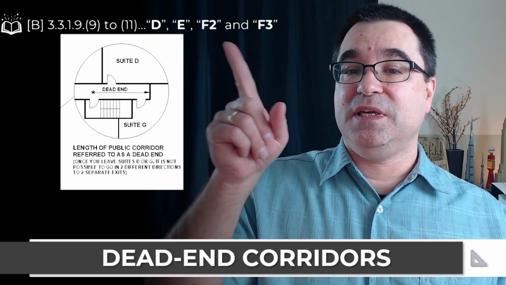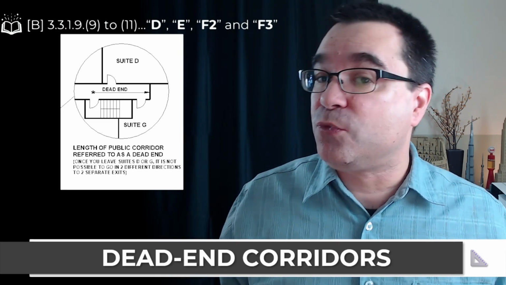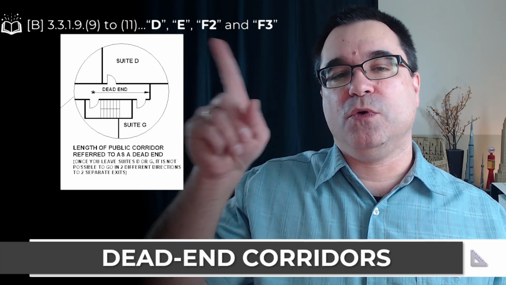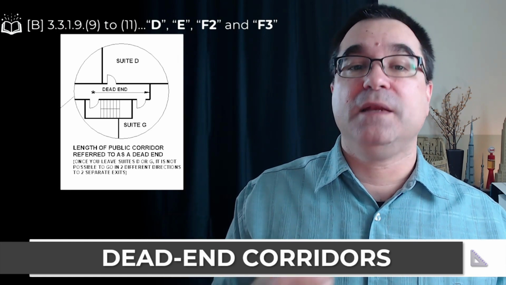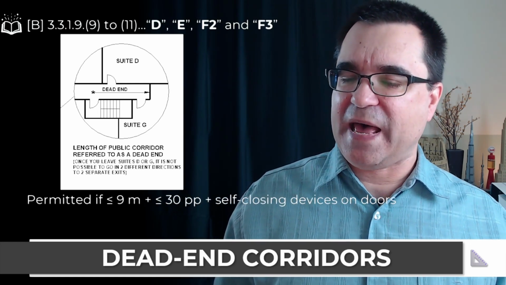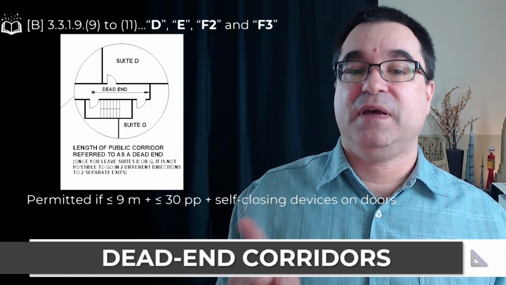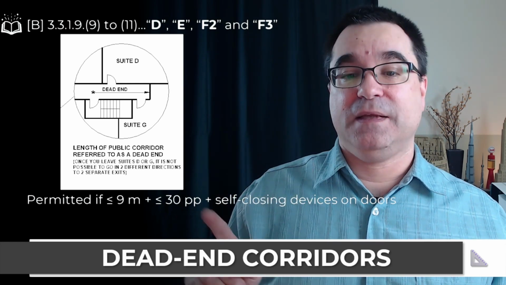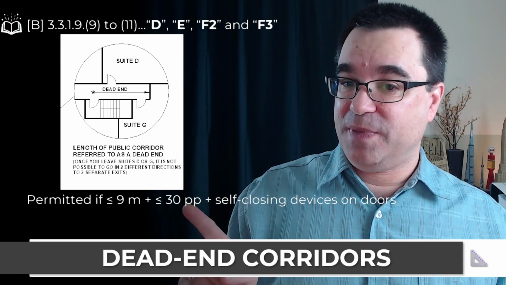For D, E, F2, and F3 major occupancies, sentences 3.3.1.99 to 11 say that dead-end corridors are allowed if they're no more than 9 meters and they serve up to 30 people, right?